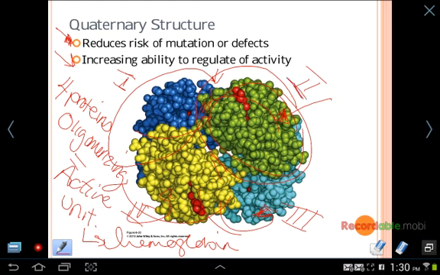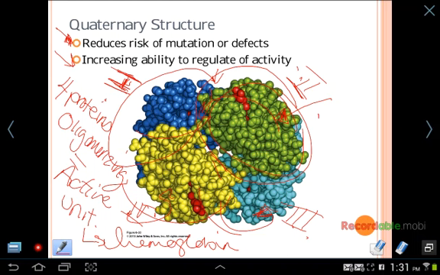Or it may require interaction with two, three, or four subunits, or interacting with one subunit makes it easier to interact with the second, third, or fourth, or it may make it harder to interact with the others. And we'll talk about that more when we talk about hemoglobin. It's a really good example of how the interaction of a coactivator with one subunit affects the activity at the second, third, and fourth subunits as well.